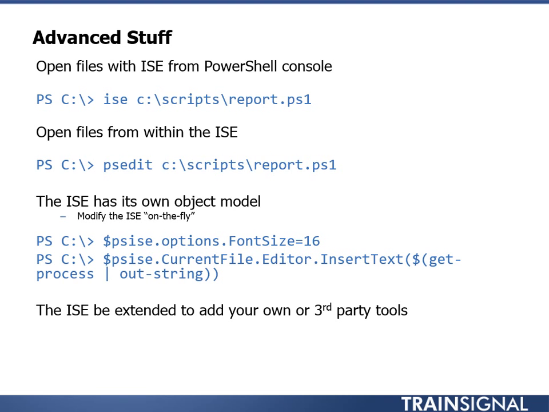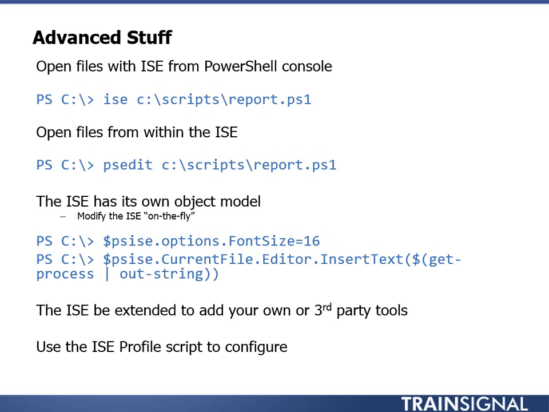The ISE can be extended on your own. You can add your own add-on menu. There are third-party tools that are being developed, so you can add your own bells and whistles, little scripts, little functions to add more features to the PowerShell ISE. And that's how we do that with this ISE object model.